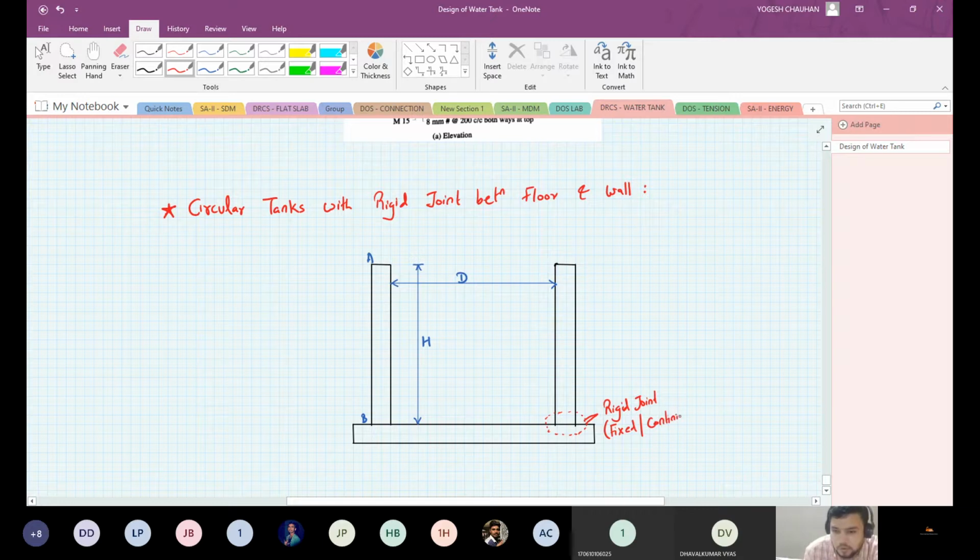The deflected shape will be, since it is free at the top and fixed at the bottom, just like you can imagine a cantilever.